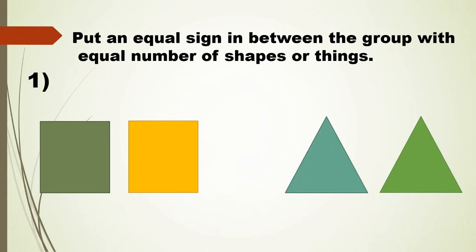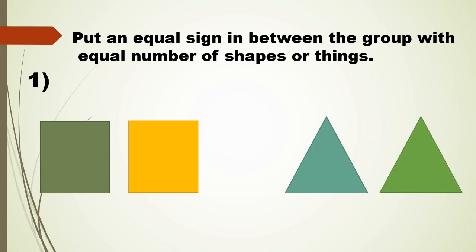Let's solve one question. Put an equal sign in between the group with equal number of shapes or things. First, one side having two shapes and the other side having two shapes. It means there are equal number of shapes on both sides.